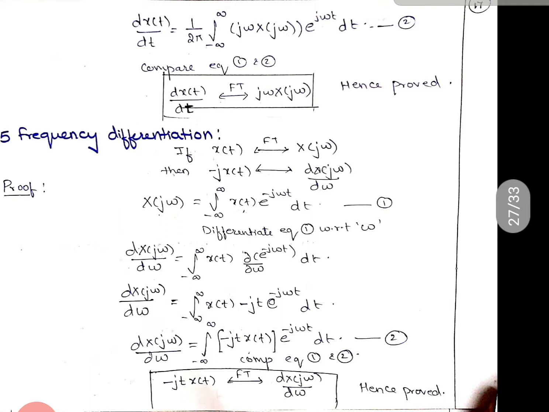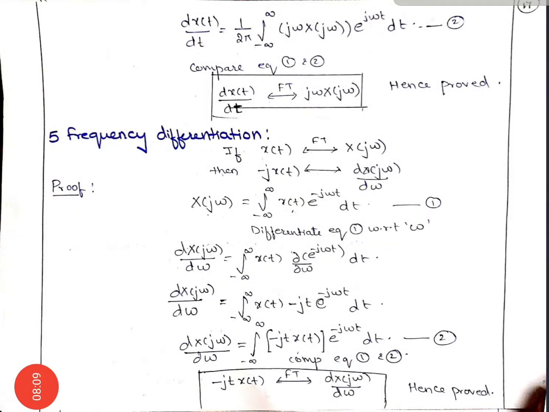Now let us see the frequency differentiation. If the Fourier transform of x of t is x of j omega, then the Fourier transform of minus jt x of t is d by d omega of x of j omega. So x of j omega is the integral from minus infinity to plus infinity of x of t e raised to minus j omega t dt.